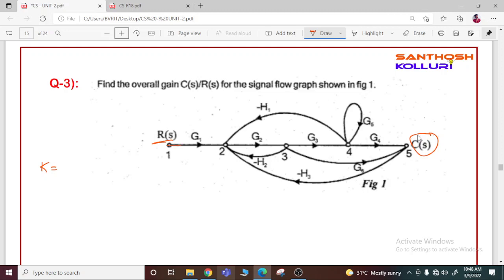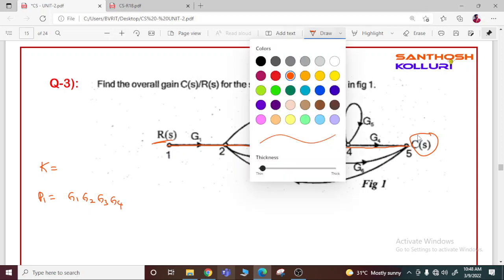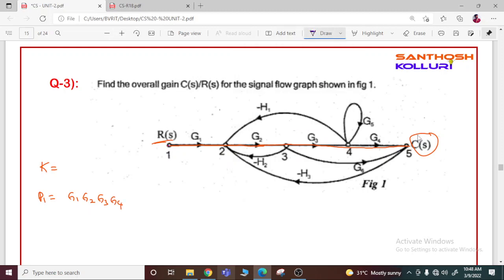So here it is, this is the first forward path. So I can write P1 is equal to G1, G2, G3, G4, and the next forward path is like this, coming here.